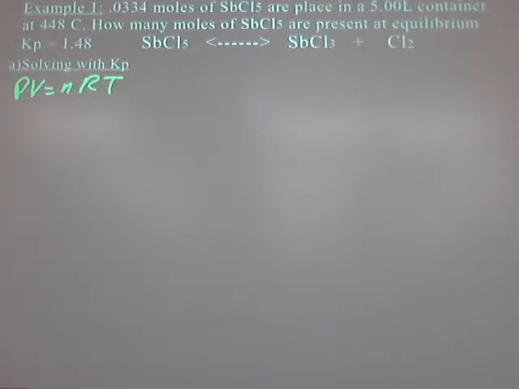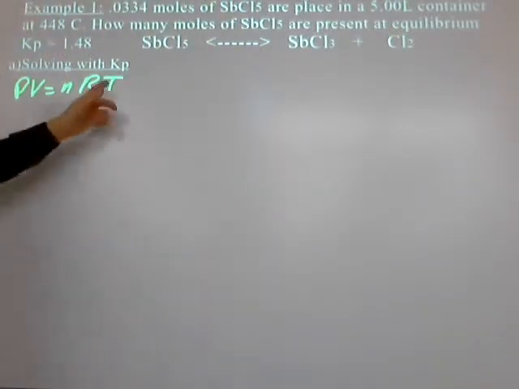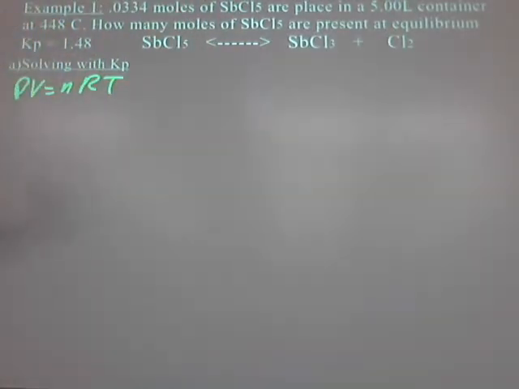PV equals nRT. Before we start doing the problem, pressure is what I'm looking for, correct? Do I know the volume of the container? 5 liters. How many moles? Right there. R, the constant. By the way, that constant is also on the sheet you're going to get today. Temperature, right there. I know what the pressure is just by solving it.